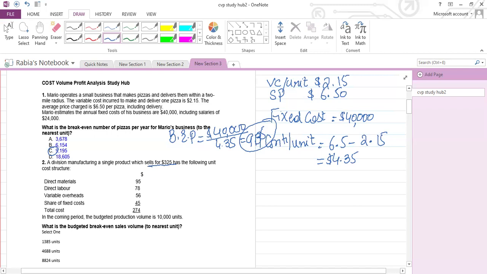So your selling price is 325. You will deduct all the variable costs up to variable overheads. Then you will get the contribution per unit.